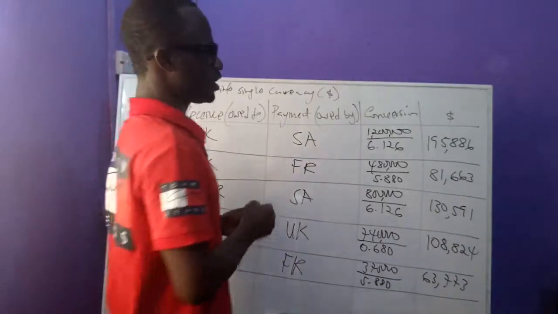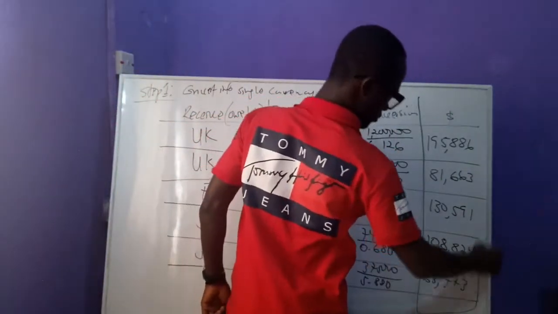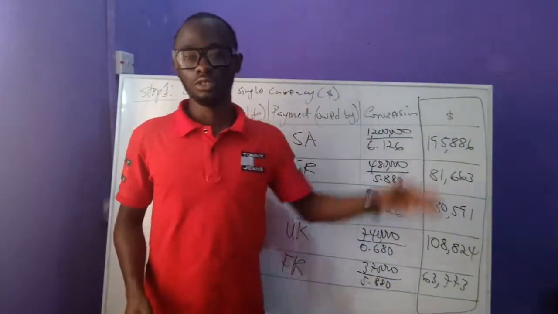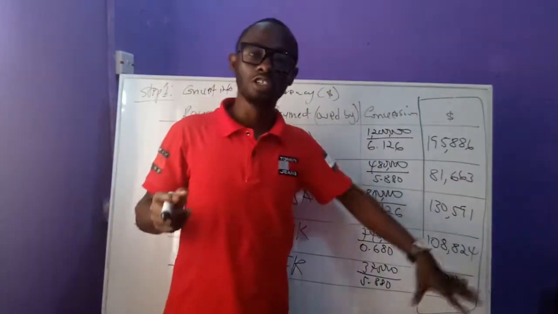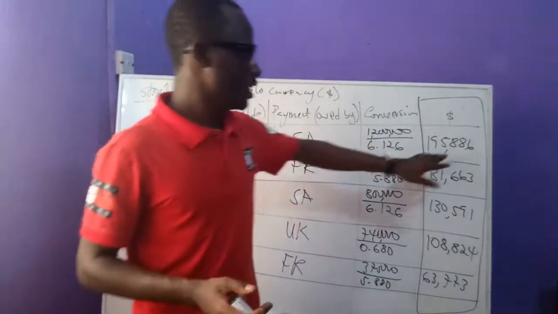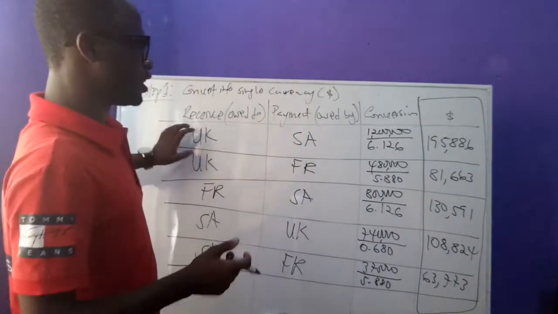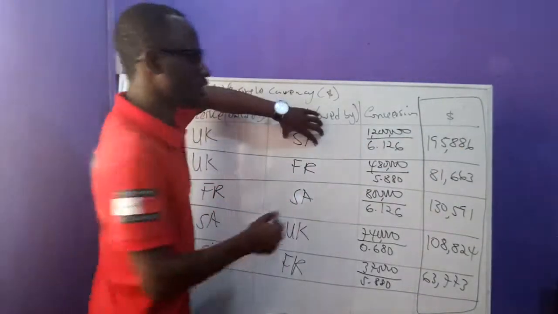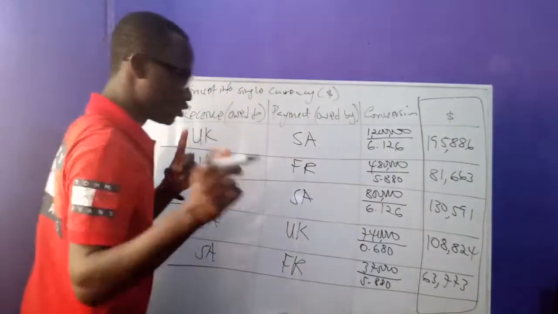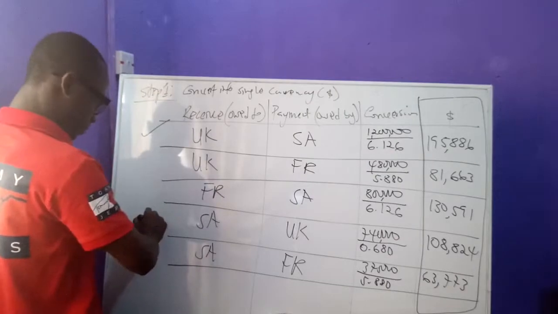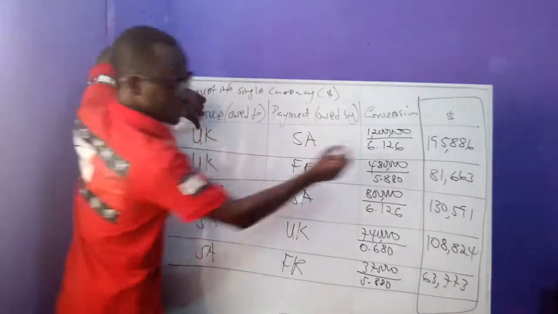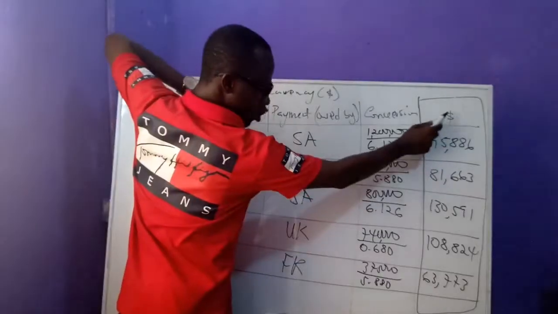So once we have this, this is now going to be our focus. This is the figure we're going to be using from step 2 to step 6. At the end of the day, we are now going to be working on a single currency. We're not going to be saying that these people will pay these people this, while this person is paying this person is receiving. Let me give you an example to understand what we are doing. Look at this and this. You will see that the South Africa company will pay the UK company $195,886.